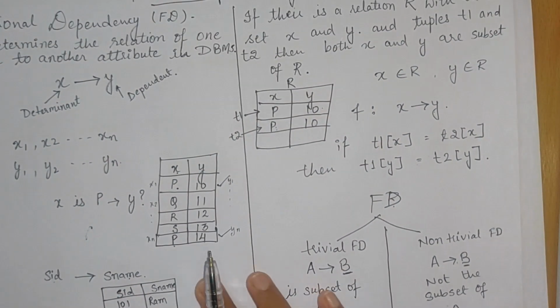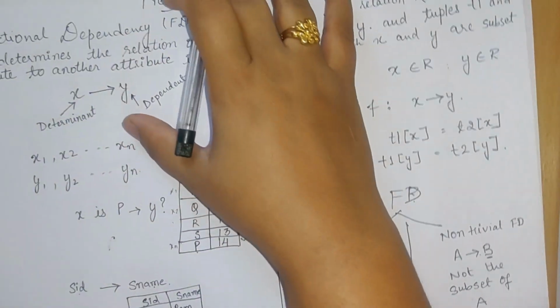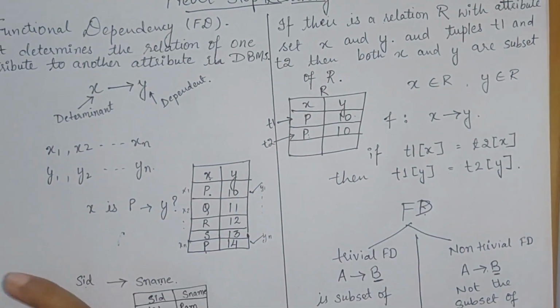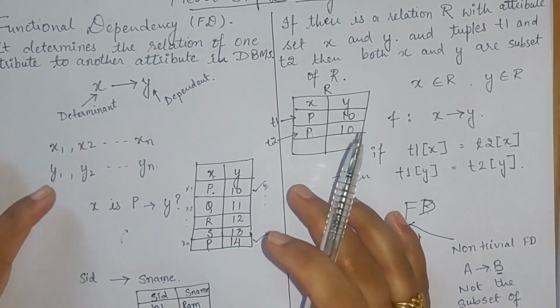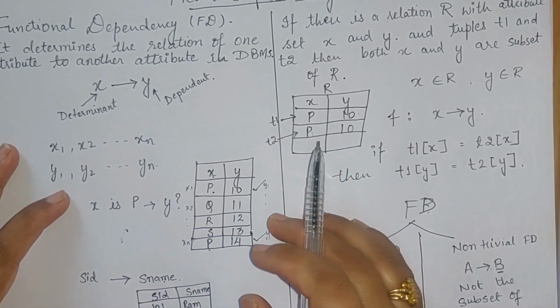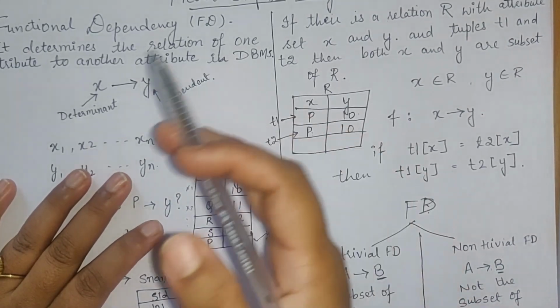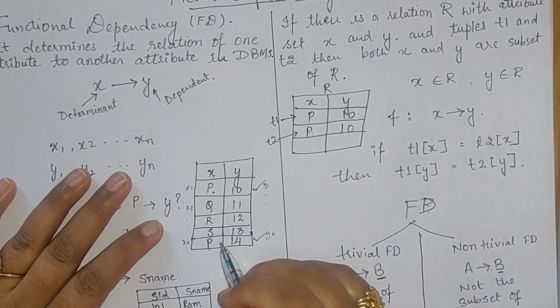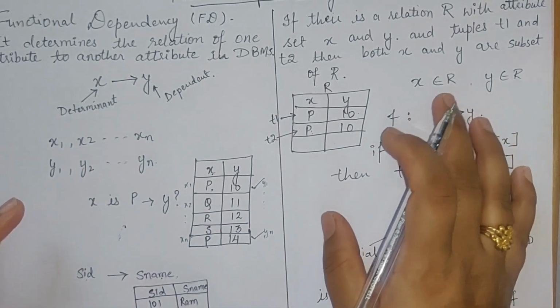Let's go through quickly once. Functional dependency plays a very important role to decide whether it's a good database design or a bad database design. Further, it is the base for all the questions which we will be solving in normalization.